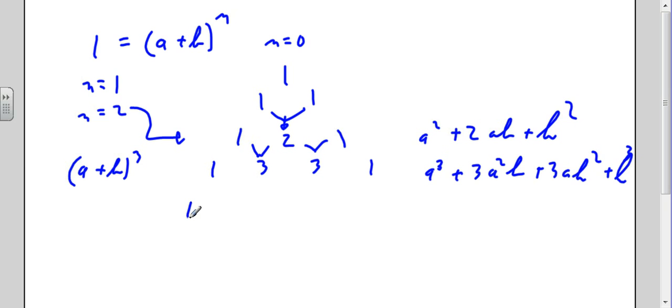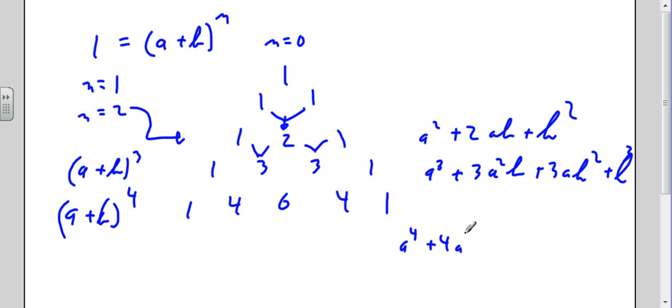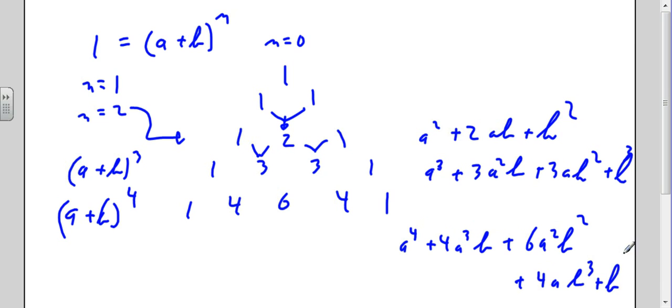And then I can do it again: 1, 4, 6, 4, 1. And I have a plus b to the 4th, which is going to expand to a to the 4th plus 4a cubed b plus 6a squared b squared plus 4ab cubed plus b to the 4th.